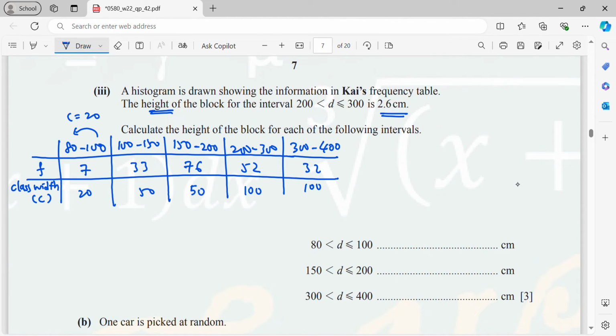Okay, then from here, I need to calculate my frequency densities before the height. This is frequency density.